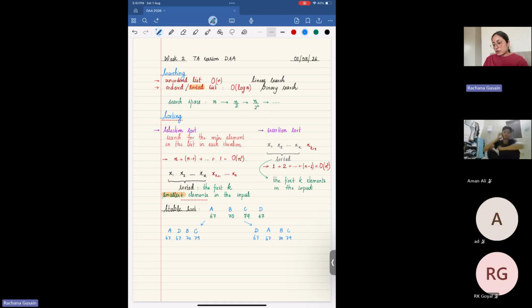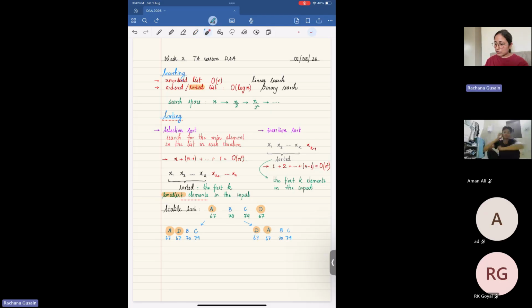Now, which of the two outputs are stable, first one or the second one? First one is stable.